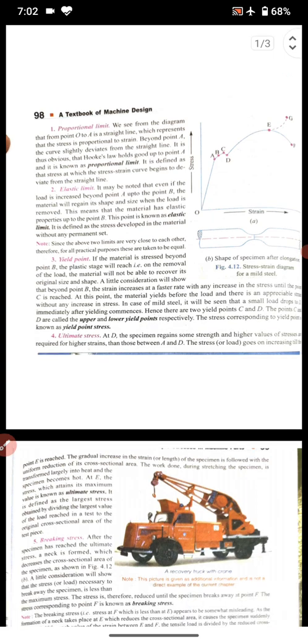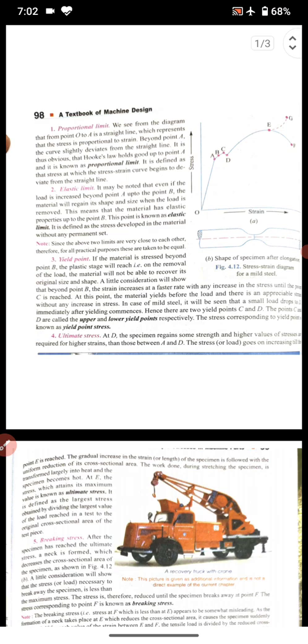Okay, means when you get yield point, there is this load drop. In the case of mild steel there is some load drop. Hence, there are two yield points C and D.